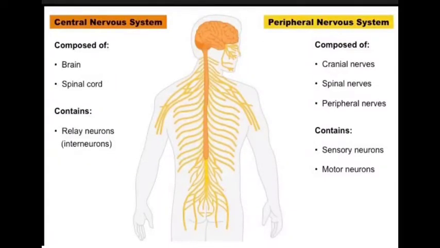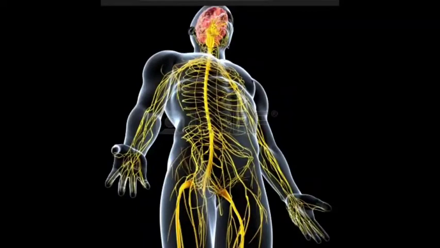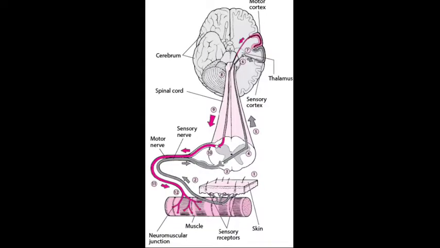The afferent nerves in the spinal nerves are responsible for carrying information from the body to the brain, and the efferent spinal nerves are responsible for carrying information from the brain to the body.